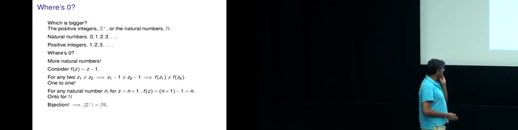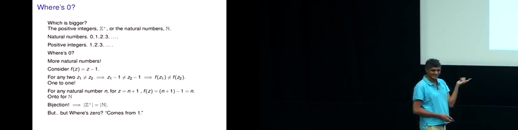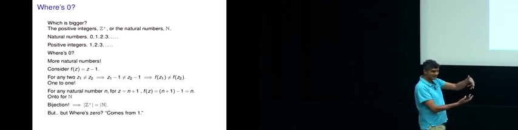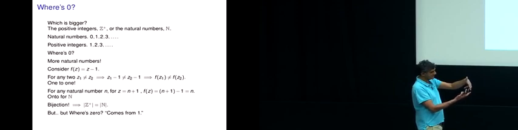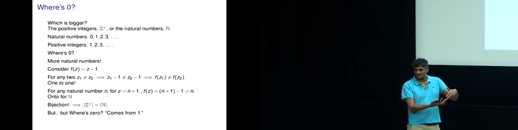So that says they're the same size. But where's 0? Well, it comes from 1. That's what this is saying. The bijection says we are actually matching them up. So the 0 in the natural numbers comes from 1. But then where's 1? Well, that comes from 2.